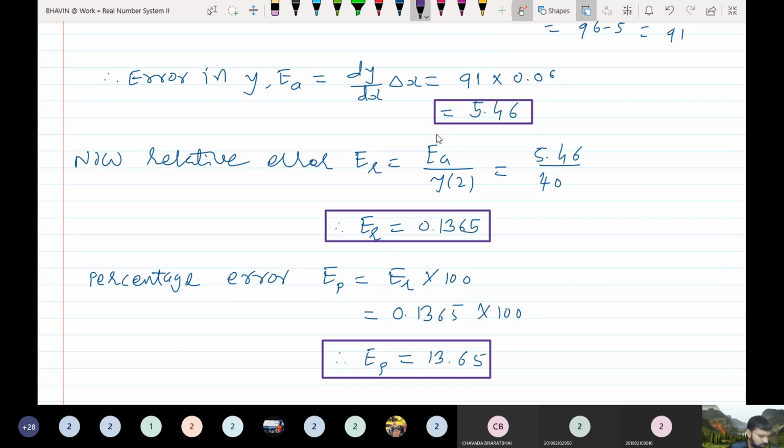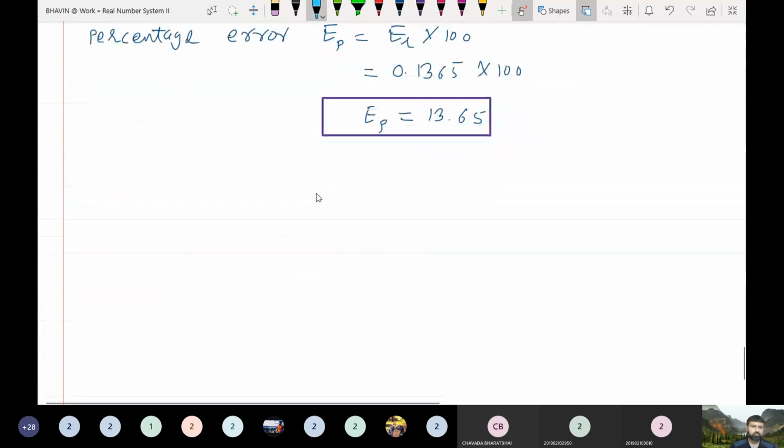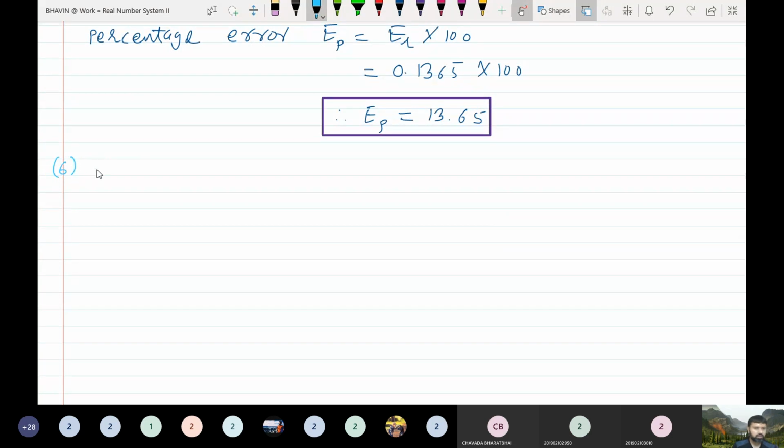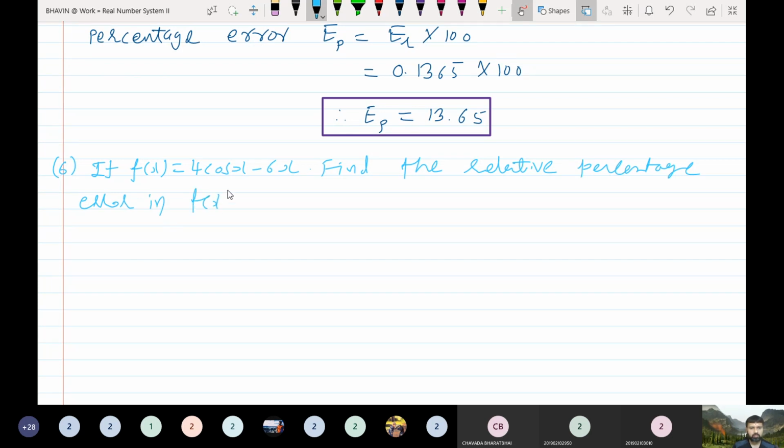Now let me take the next example, example number 6. If f(x) is equal to 4 cos x minus 6x, find the relative percentage error in f(x) for x equal to 0, where error in x, that is delta x, is given as 0.05.